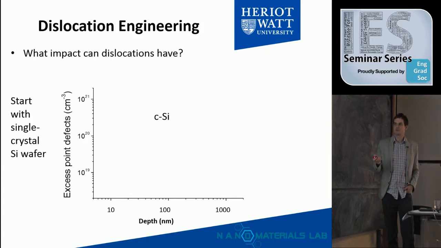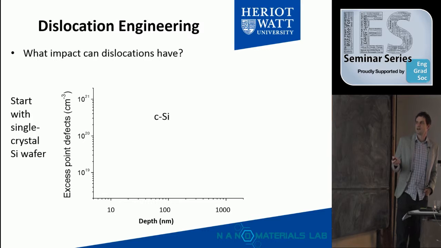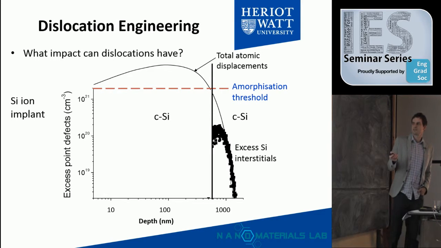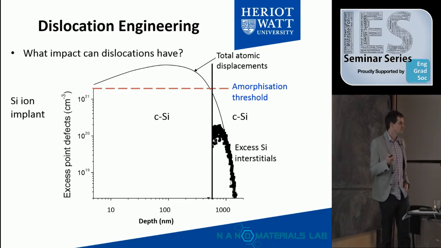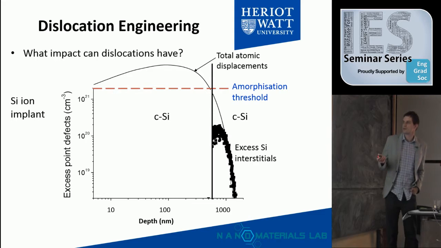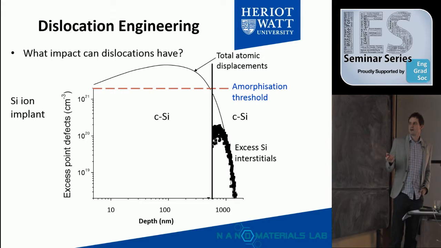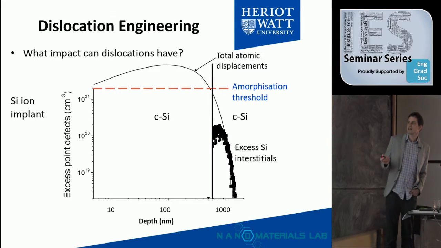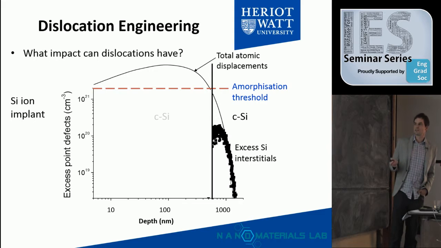We start with crystalline silicon, and again do ion implantation with silicon. The difference here is we use much higher doses of silicon for our implant. So effectively we go so high that we completely disorder this surface region, and it goes from being crystalline silicon to amorphous silicon.